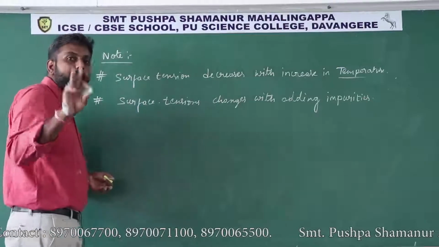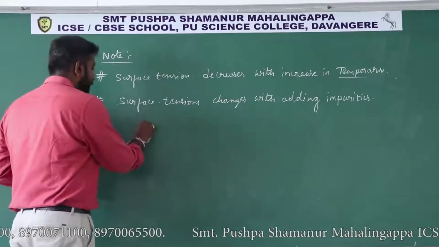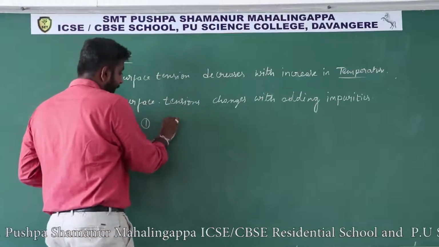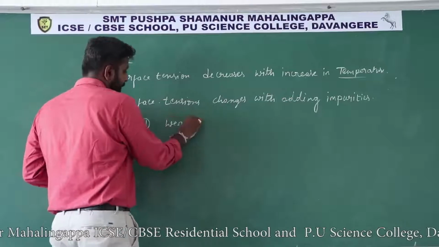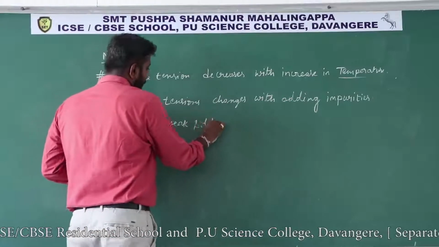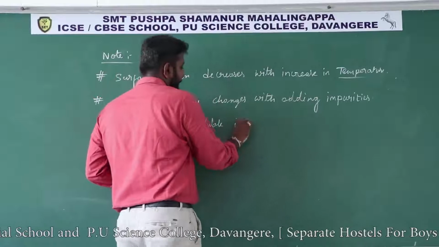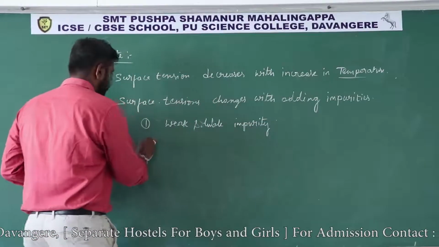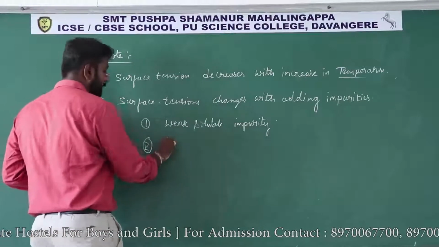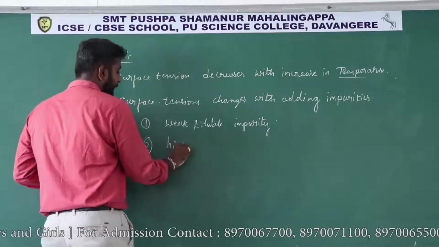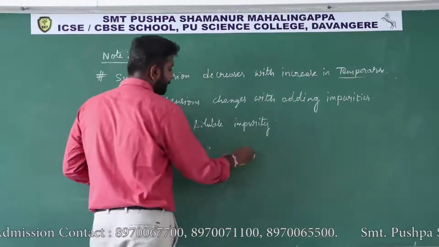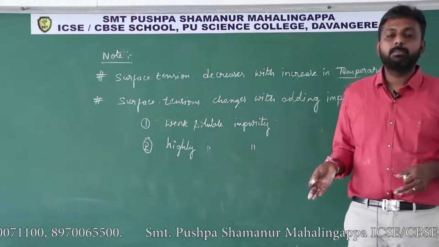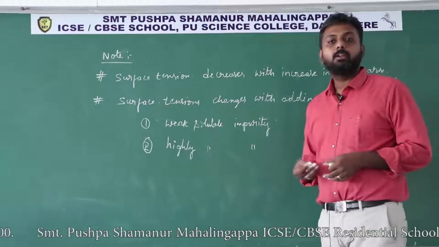Here we have two types of impurities. First type is weak soluble impurity, and second one is highly soluble impurity. These are the two types of impurities.